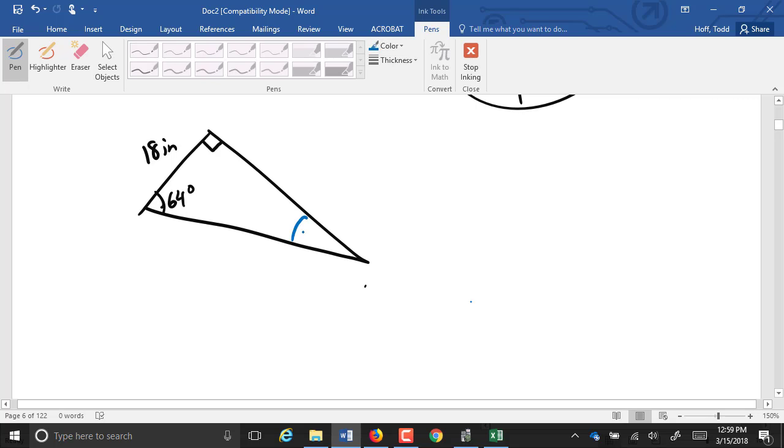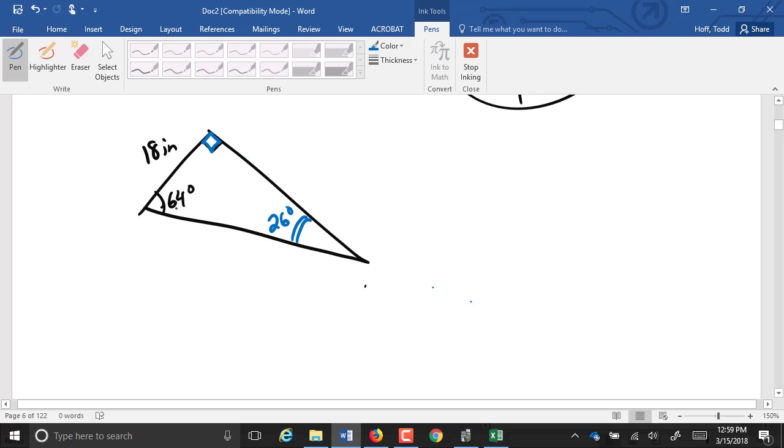So first, what's this angle here have to be? 26, very good. The three angles have to add up to 180, but we can even take it shorter than that.